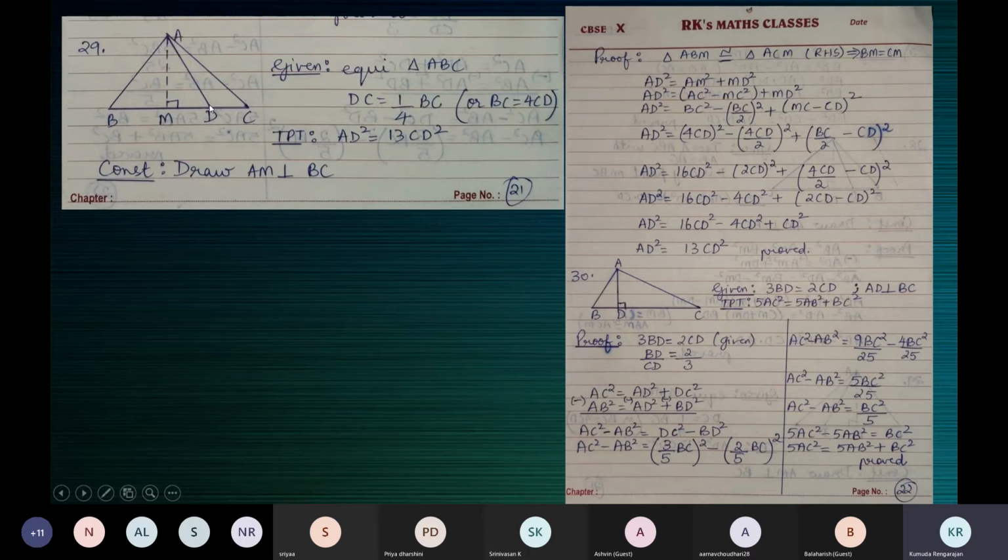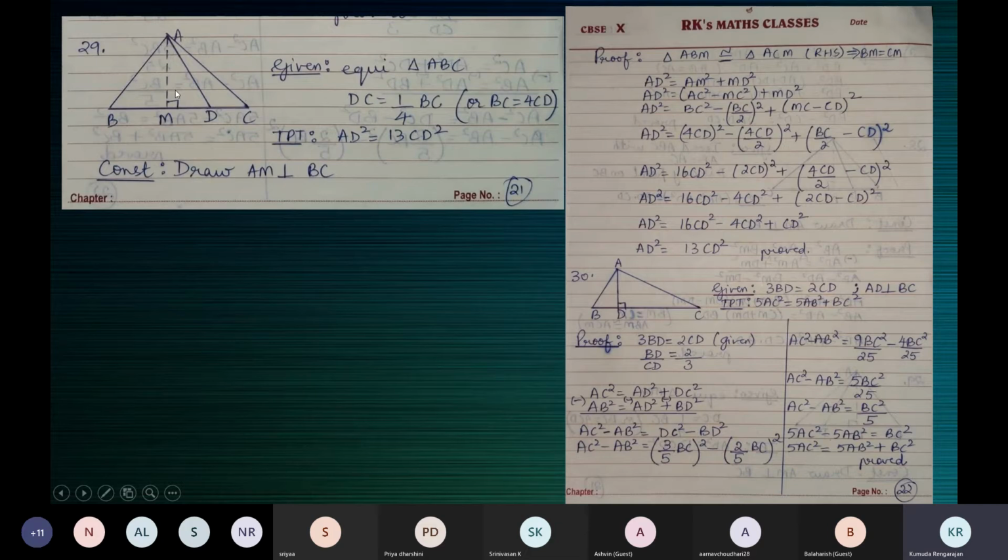So you should realize that D will be closer to C than M, because CD is only 1/4 of BC, but CM is half of BC. AM is the altitude. So you should be able to estimate the place.